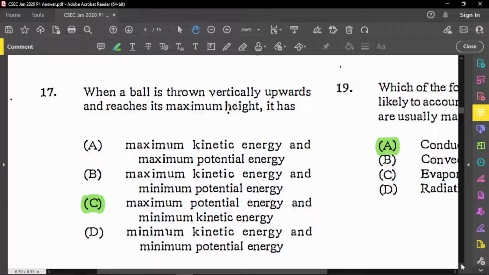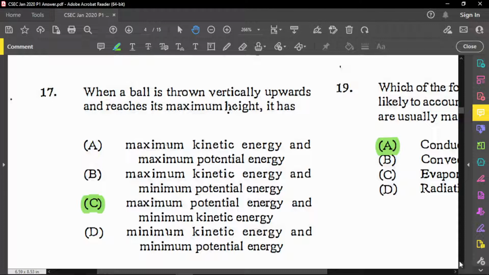C is correct because at maximum height you have maximum potential energy. Remember, potential energy is based upon position, and kinetic energy is based upon motion. At maximum height, maximum potential, no movement, momentarily at rest, therefore no kinetic energy, because kinetic energy is based upon motion.